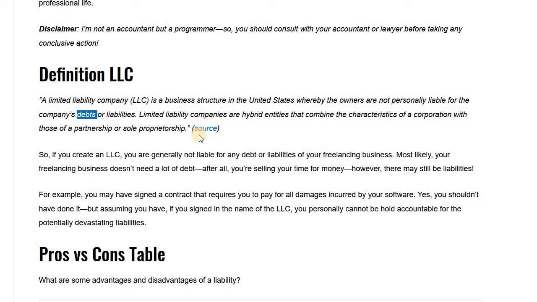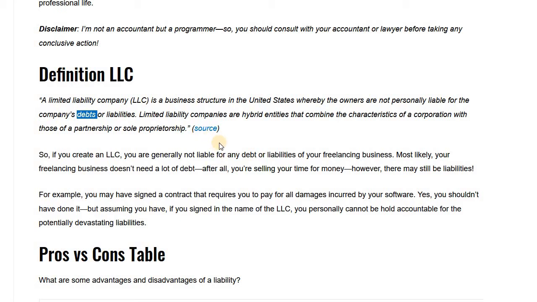Then you don't have to take the liability over yourself. Usually the debtors or the other companies who are owed by your company have to be paid by the company, and you don't have to pay it as a business owner. So it protects you against personal bankruptcy.